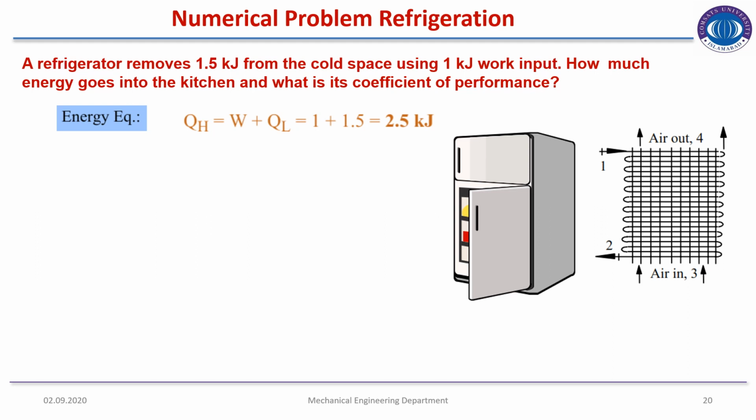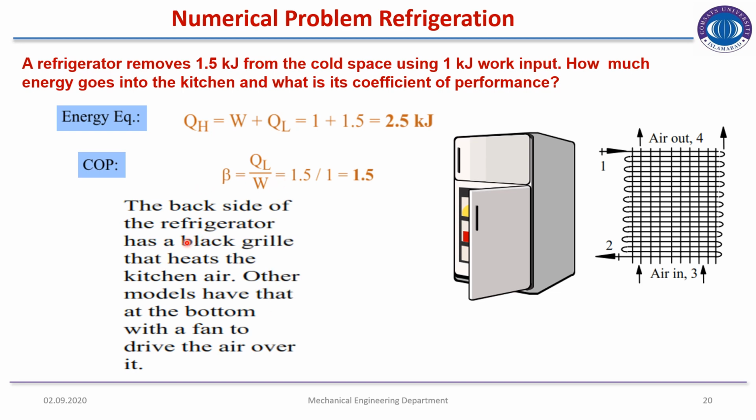QH is equal to 2.5 kilojoule. The formula for coefficient of performance is QL divided by W. You should remember that in books sometimes coefficient of performance is also written with the beta symbol. So wherever beta or COP is written, that means the same, coefficient of performance. So COP is 1.5.